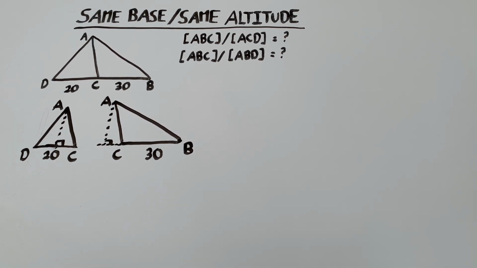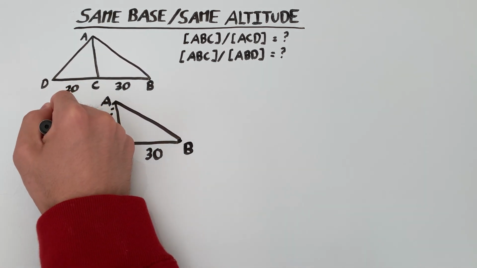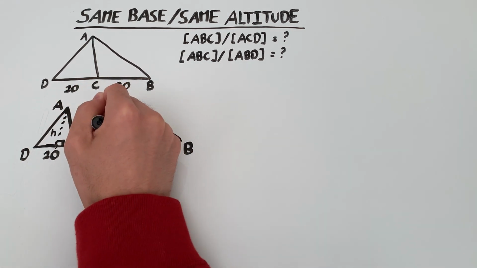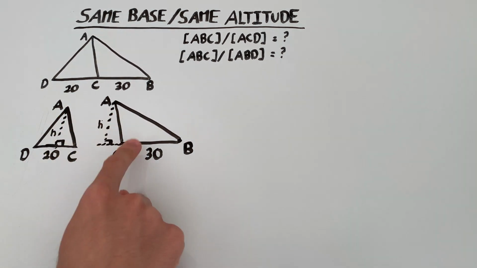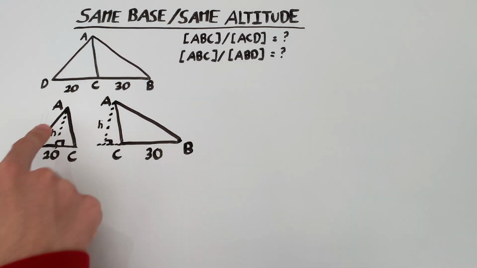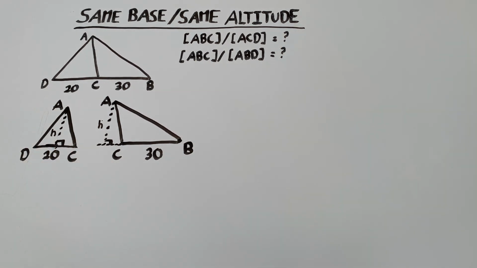So let's denote this altitude by h. H for height. And now, since we have a height and a base for each triangle, we can find the areas for both of these triangles.